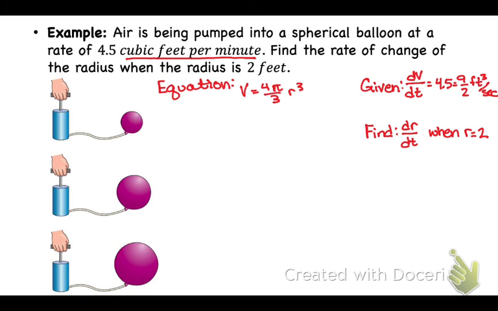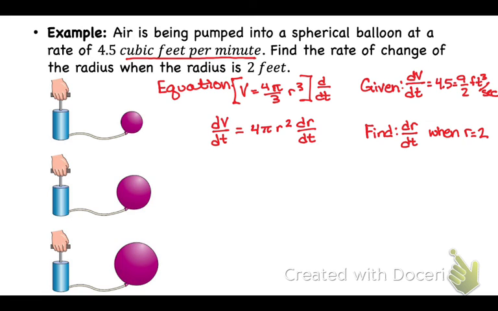Yep. Do I have my given? Yep. Do I have my find? Mm-hmm. And I've used everything in the problem, right? Yep. So what's my next thing to do? Take the derivative of the equation. So I'm doing d/dt. So I get dV/dt equals, well, if I take 3 times 4/3, or 4 pi over 3, doesn't that just leave me with 4 pi r squared dr/dt.